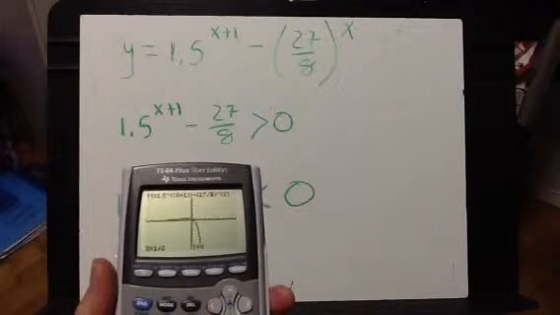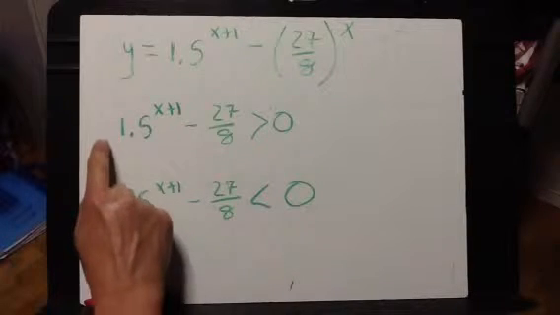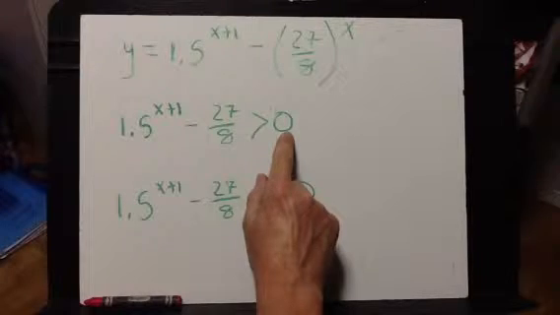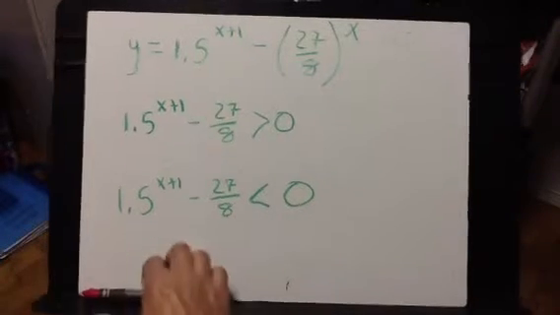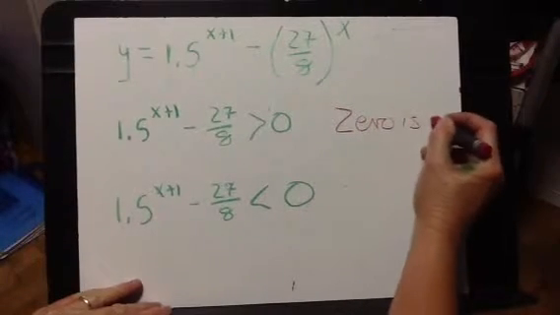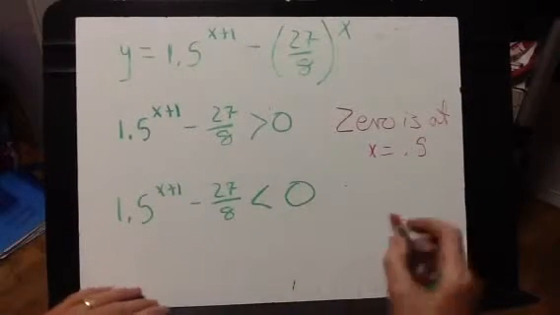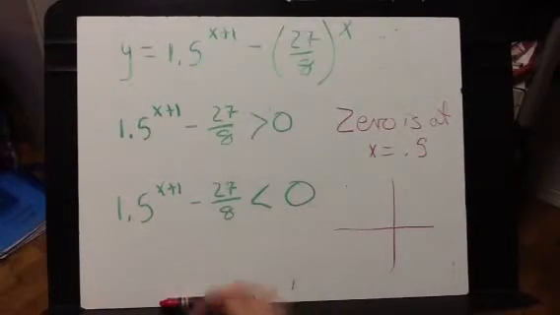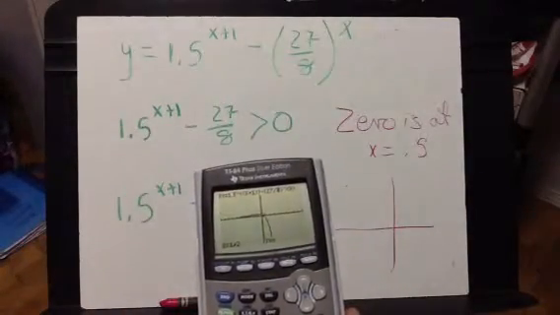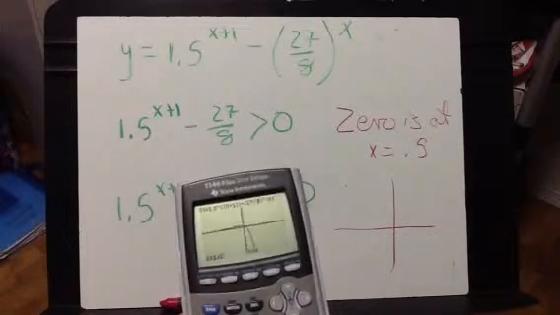Now we can use this graph to solve an inequality. The inequality is this one, and I want to know where this function is above 0. I know that the zero is at x equaling 0.5, and I know that the curve looks like that. So let me zoom in on this. Here's a good trick to get a better look.